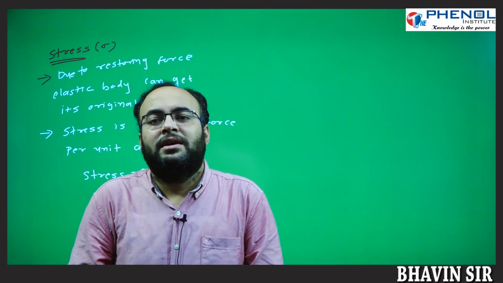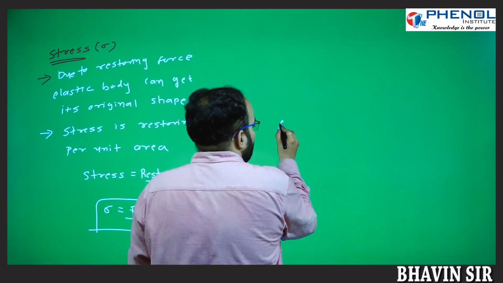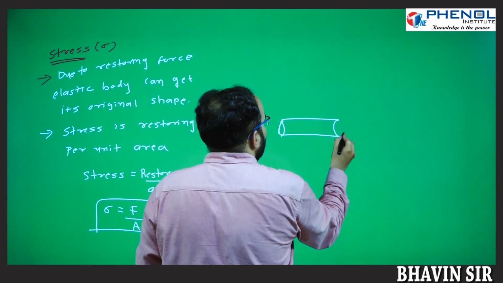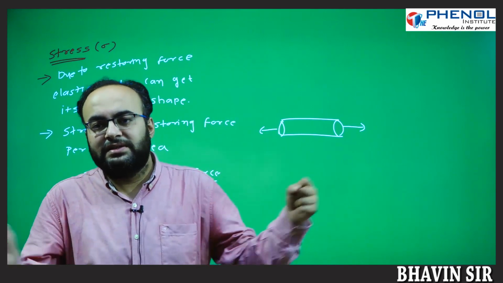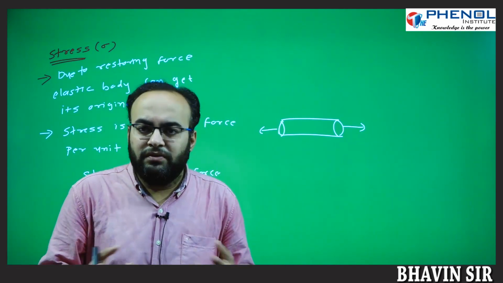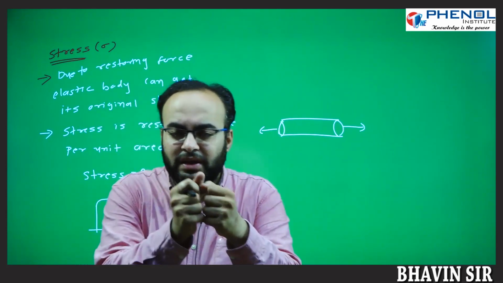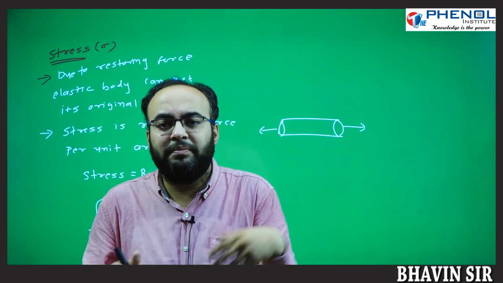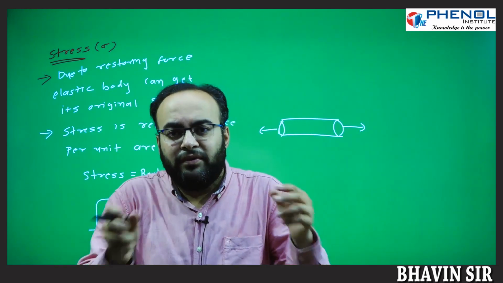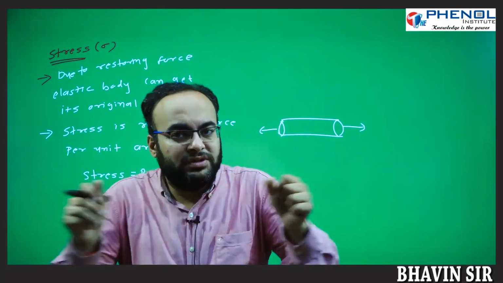Suppose this is an elastic wire. Now we increase the length of the wire. When we remove this force, the substance can get its original shape. It means when deforming force is increased, when strain is increased, restoring force is also increased.